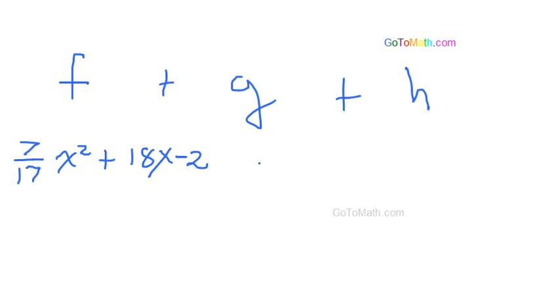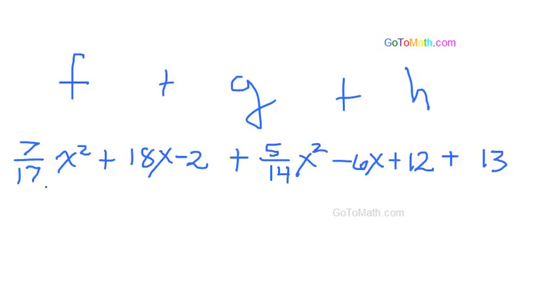And then we have plus, and g, which is 5 over 14. At this point in your algebra career, if you've been following me through these sections, you should pretty much have this figured out. And then plus h, which was just 13.